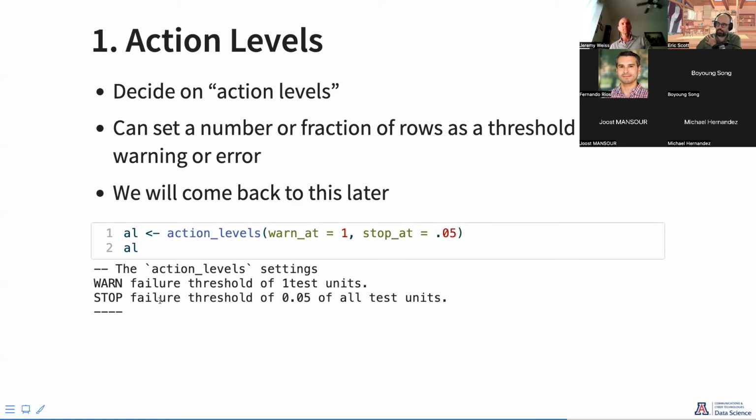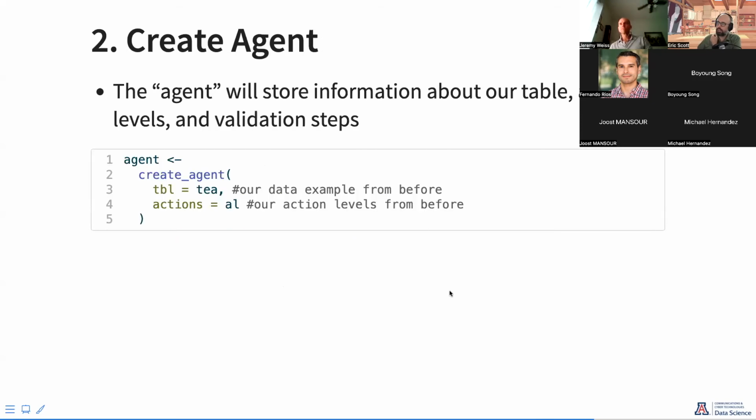That's what these action levels are. When you create this, I saved it into a thing called AL, and it says action levels, warn failure threshold 1 test units, stop failure threshold 0.05 of all test units. We'll come back to what this does later.